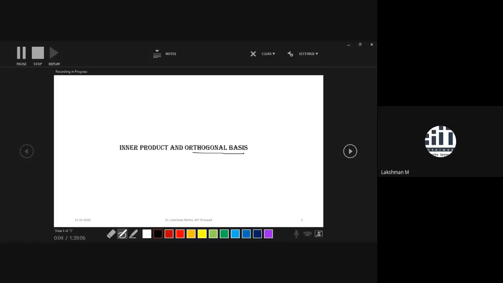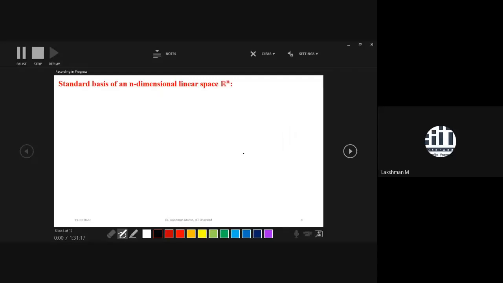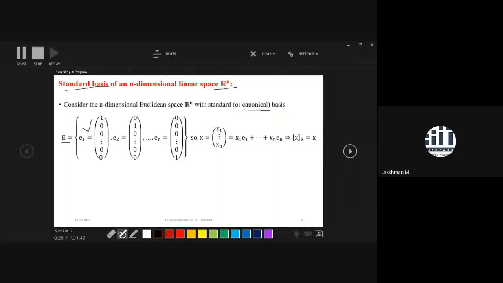apart from the canonical or standard basis, another name of basis, you can call it E, having basis vector E1.